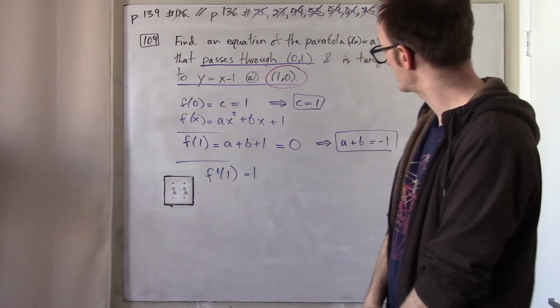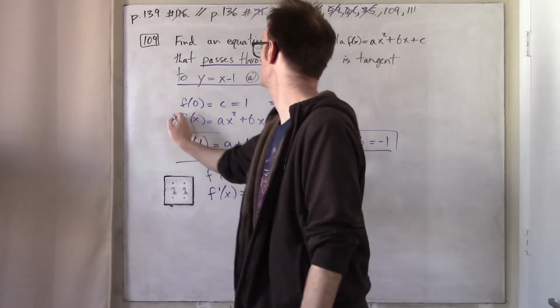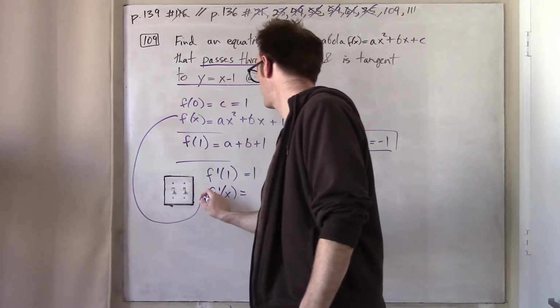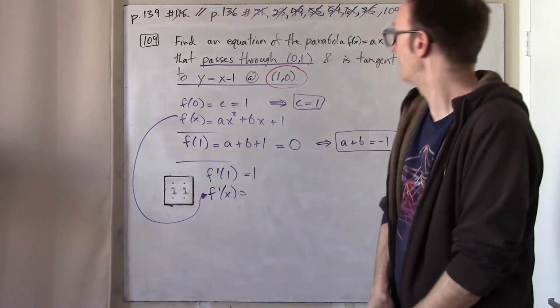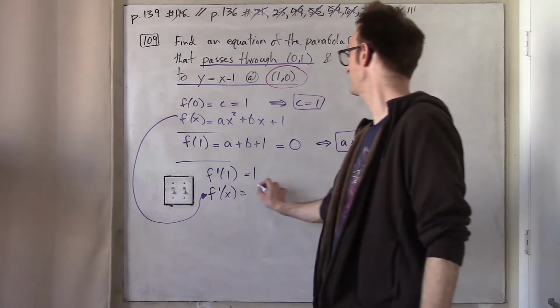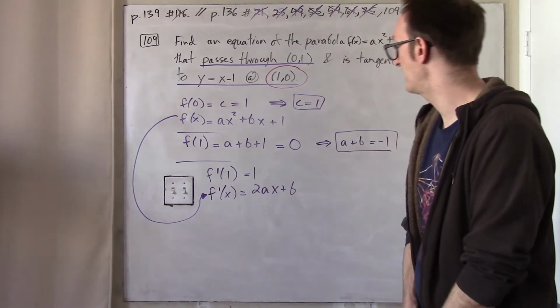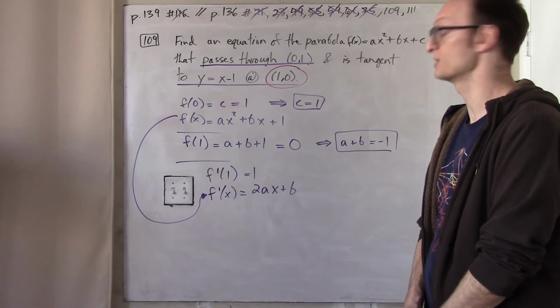Well, now I can just take the derivative. The derivative of this function is 2ax plus b in general.